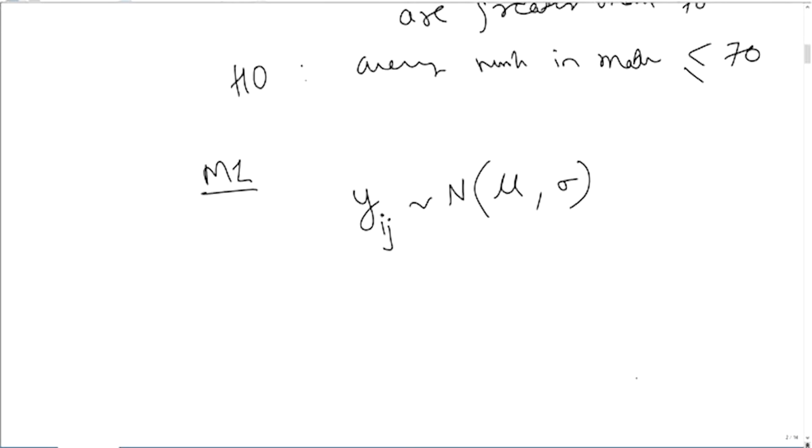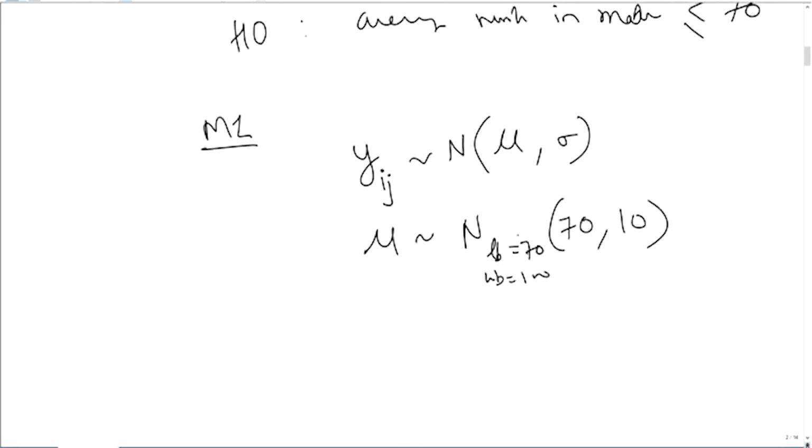This is our assumption that marks are normally distributed, such that on mu you have a prior with a lower bound of 70, because your assumption is that the average marks of the students are greater than 70. So you assume that mu can have any value between, let's say, 70 and 100. Let's say the upper bound is 100 and the lower bound is 70, and this has some mean, let's say 70, and a standard deviation of 10. This could be your model 1.